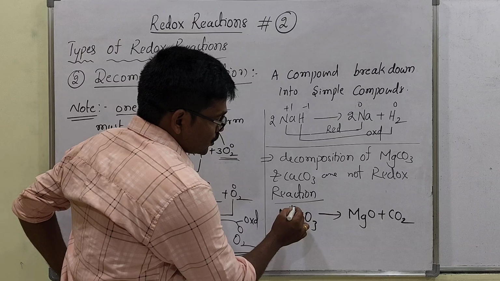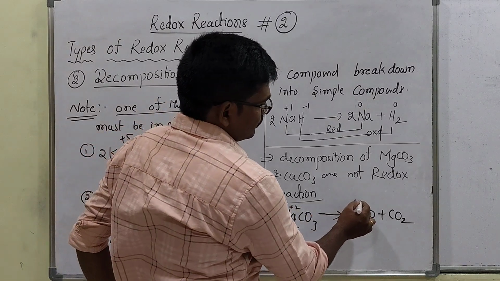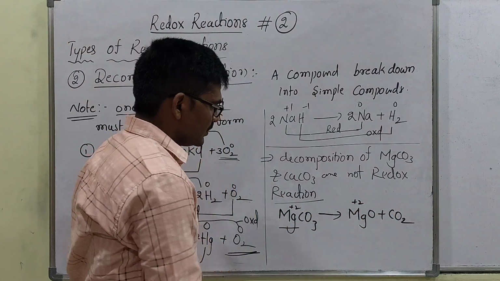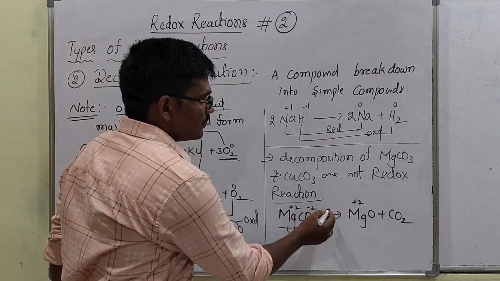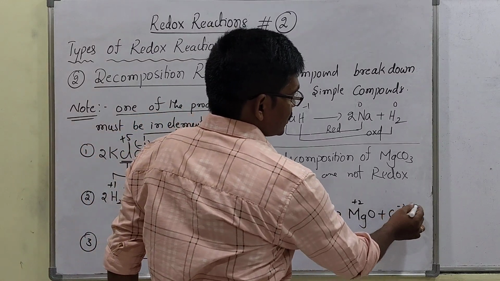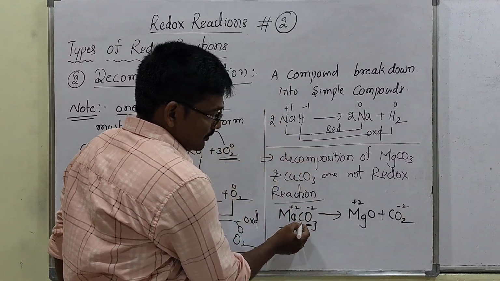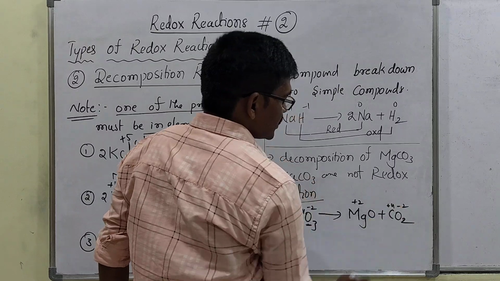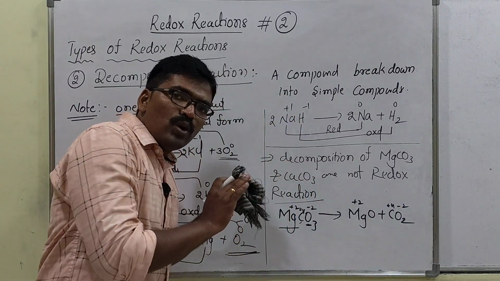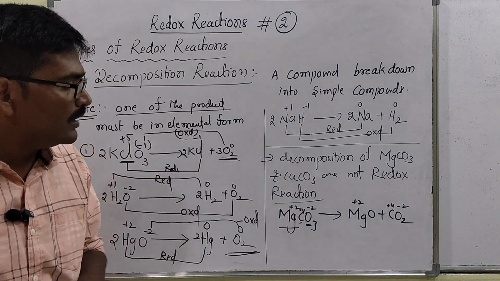Look, here the magnesium oxidation state is plus 2, and here also plus 2. There is no change in the oxidation state. Oxygen is minus 2, and then minus 2 again. Here carbon is plus 4 oxidation state, and even here also plus 4. So there is no change in the oxidation states of the elements.